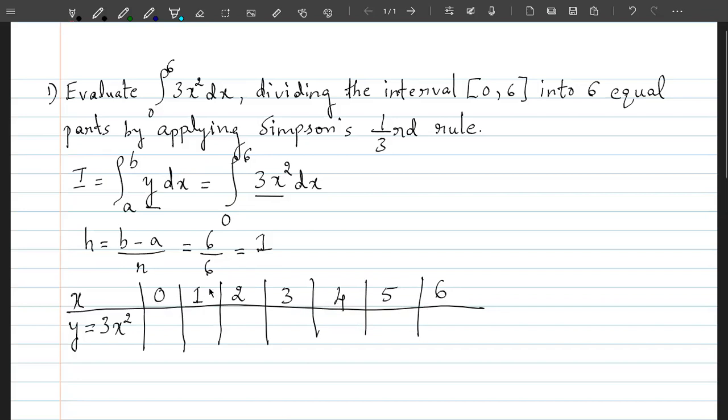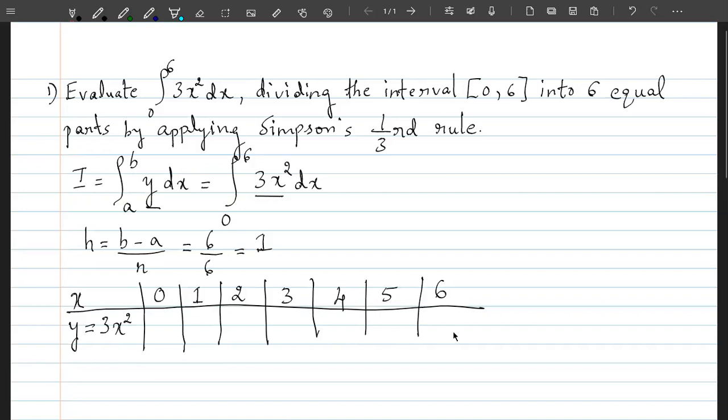Once this is done, we have to get the values of y. These values of y are called y0, since it is the first value of y, then you have y1, y2, y3, y4, y5 and y6. So let's see the values.